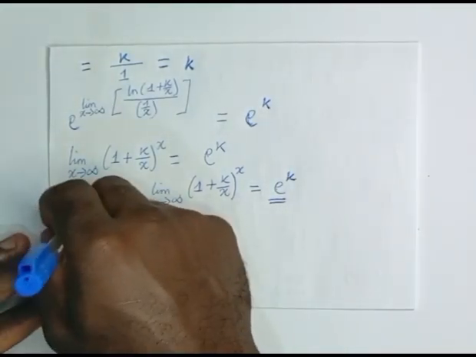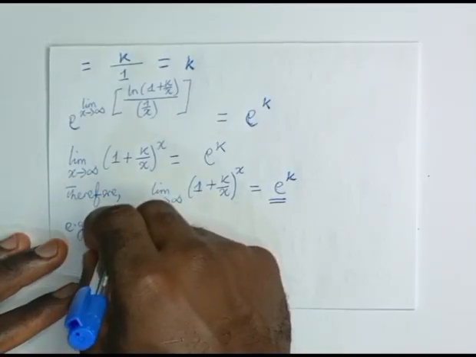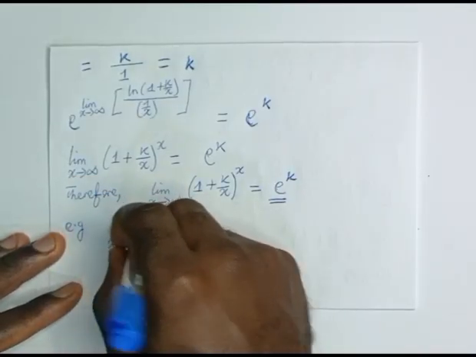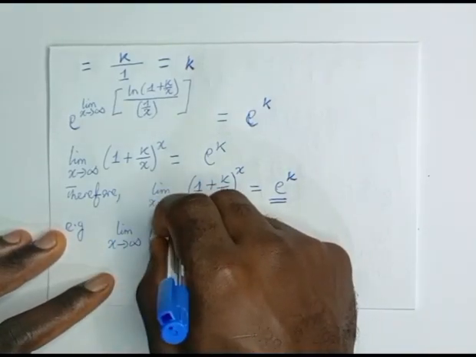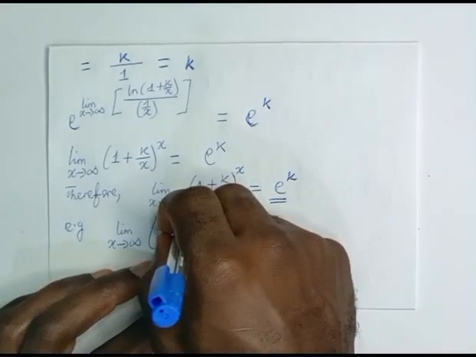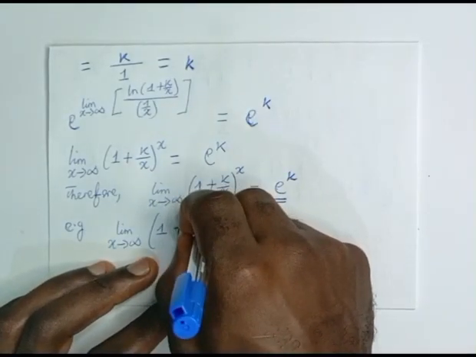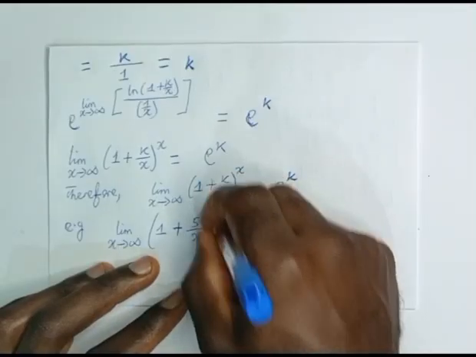Let's take an example, e.g. we are to find the limit as x tends to infinity of 1 plus 5 all over x, all this raised to the power x.